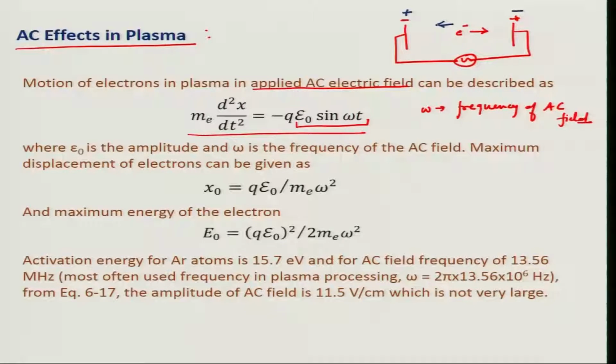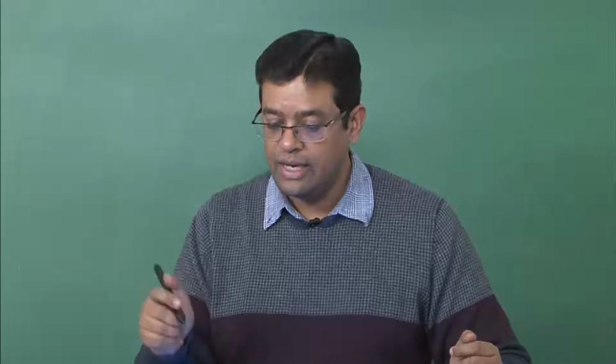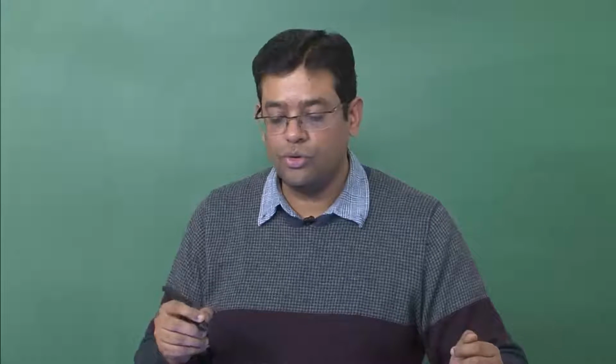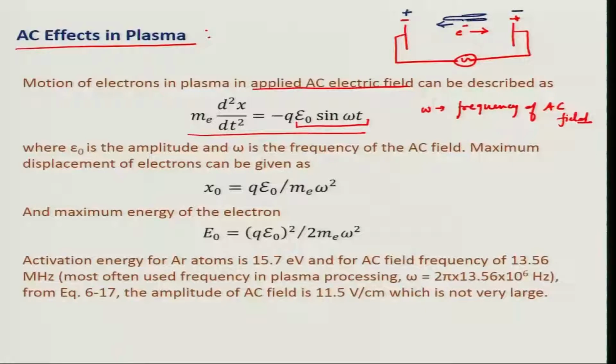It will not be able to reach either electrode because I have a certain frequency and I am changing the polarity very fast. So, what will this electron do? It will start to oscillate between the two electrodes. Now, what is the maximum distance it can travel from its starting position?